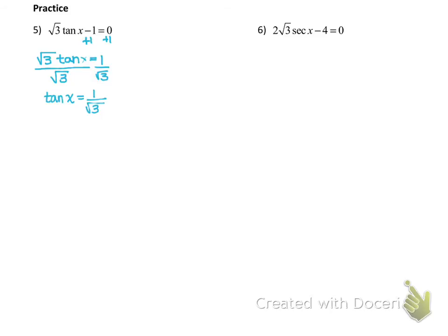The other thing to notice is that root 3 is a number that is on our unit circle, so maybe when we rationalize it, it is going to be a value on the unit circle or it might not be, but it's always good to rationalize it to see if it will be. So I'm going to take the square root of 3 times the square root of 3, and I get root 3 over 3.